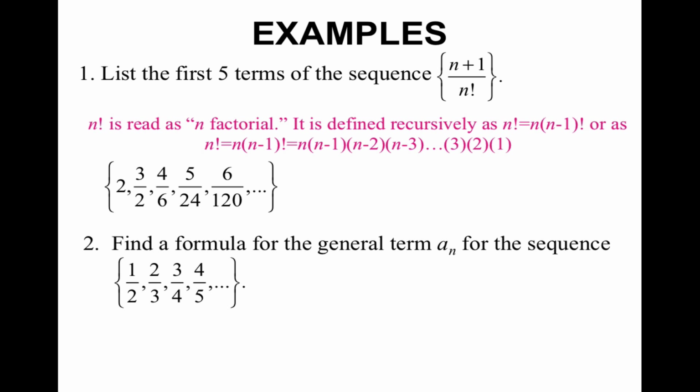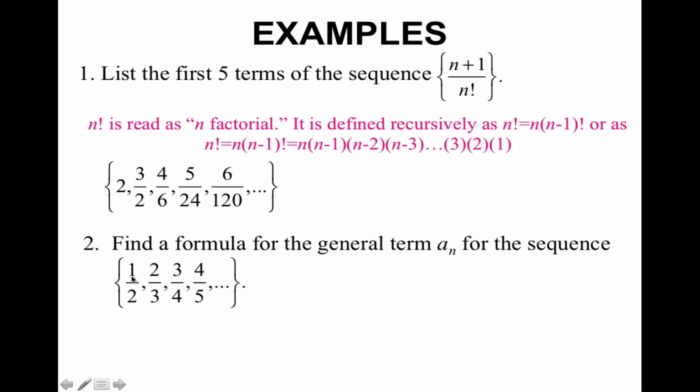Now let's look at how you would find a formula for a general term a sub n for the following sequence: 1 over 2, 2/3, 3 over 4, and 4/5. So for this sequence, you basically are looking for a pattern. And when you're dealing with fractions, you want to look for a pattern with the numerators and then a pattern with the denominators.